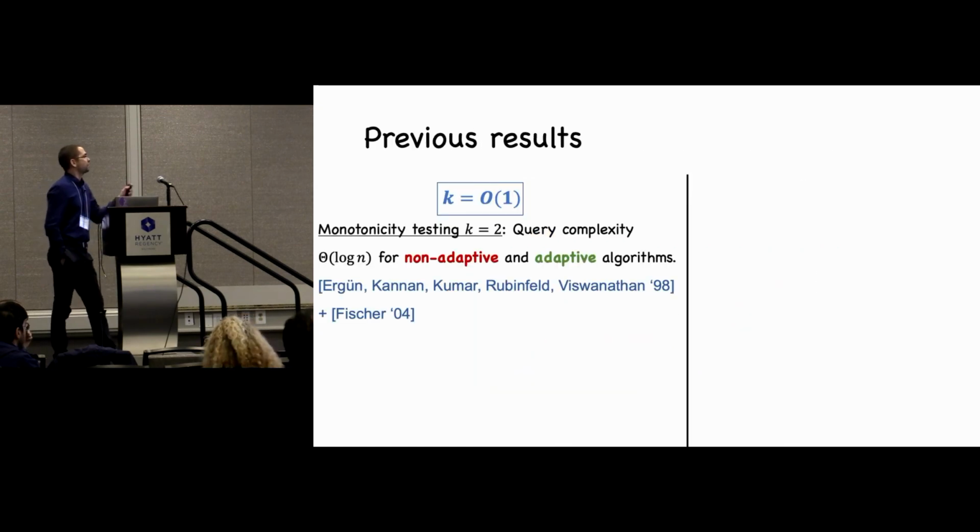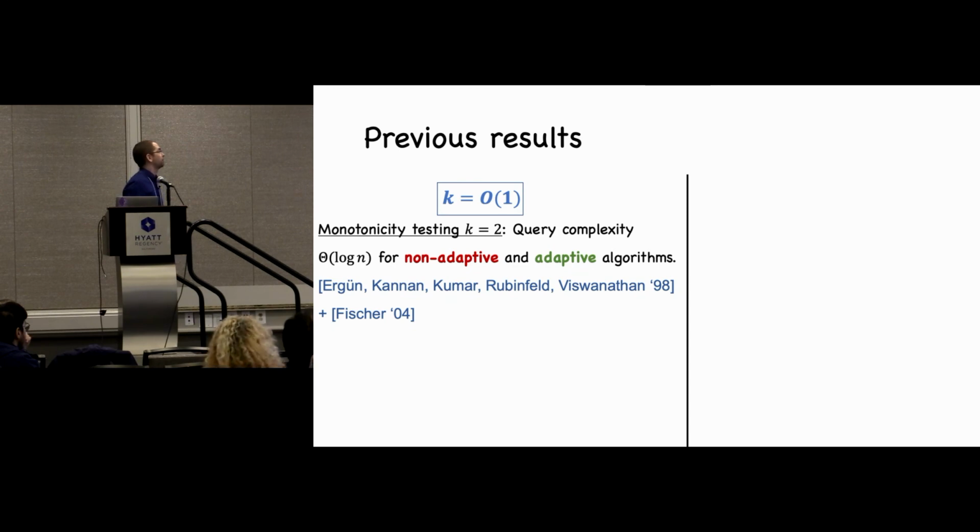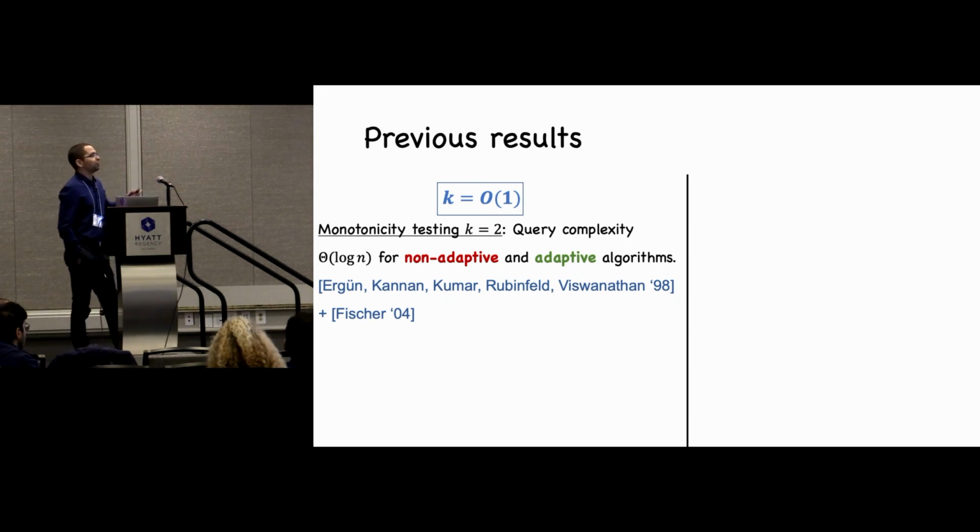Okay, so let's see some previous results on this problem. Monotonicity testing is quite well investigated, and it's known that both the non-adaptive and the adaptive query complexity of this problem is linear in log n. Non-adaptive refers to making the queries in advance, and adaptive algorithms are ones where you make the queries one by one and can see the results.